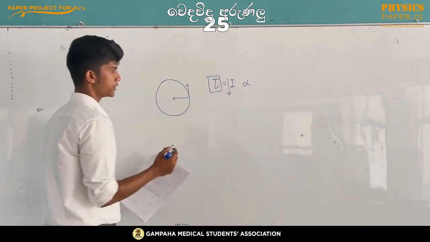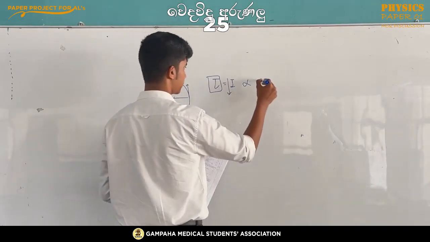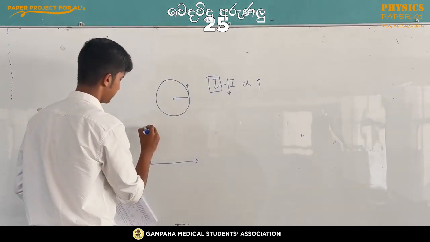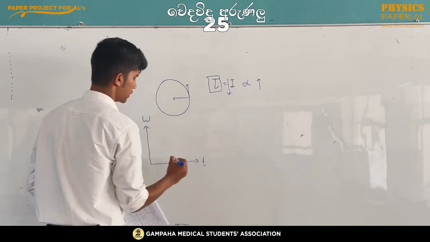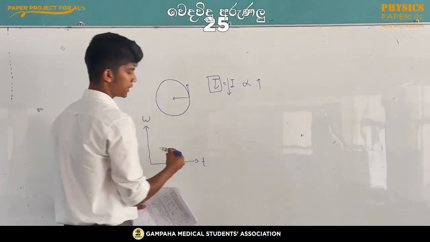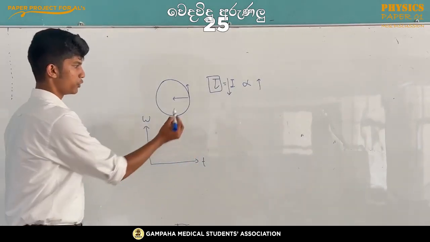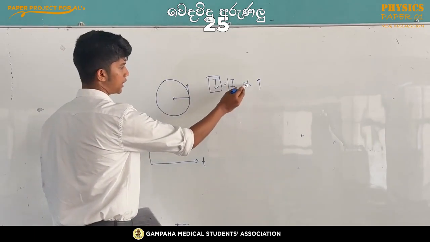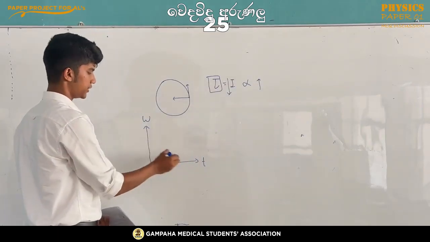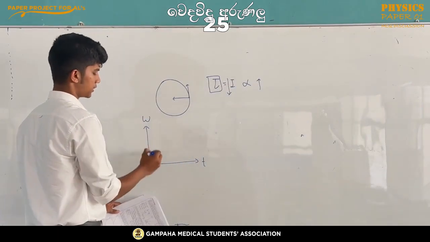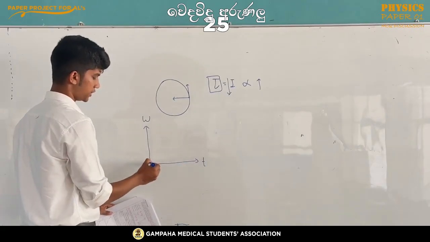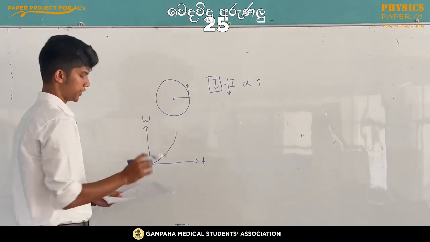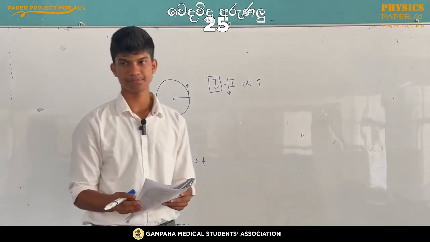The moment of inertia of the system decreases, and as a result, alpha should increase. Now when we plot an angular velocity time graph, alpha is given by the gradient. So as the man moves from the edge to the center, the angular acceleration increases, and as the angular acceleration increases, the gradient of this graph should also increase. So then the correct graph is a graph of this shape. So the correct answer is the third answer.